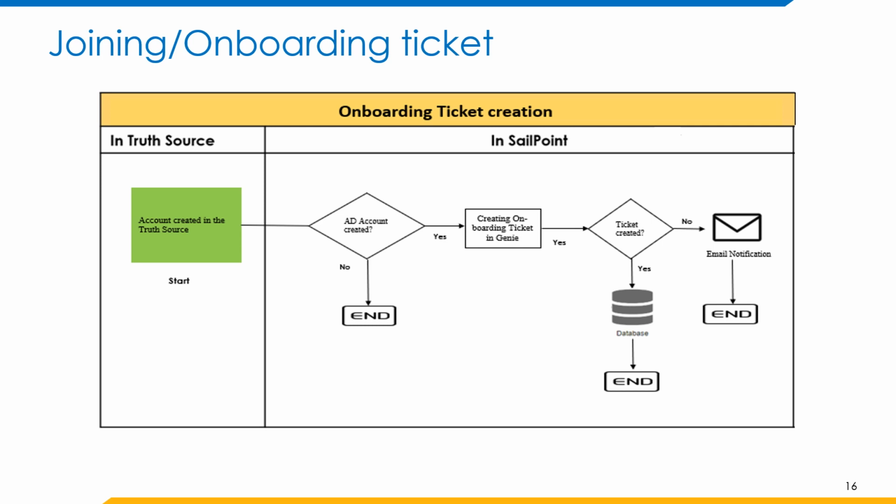If the ticket is created successfully, details of the created onboarding ticket like work order ID, request ID, creation date, and summary are fetched from Genie using the get a specific work order API, and these details are then added to a database table called the Genie Tickets table.